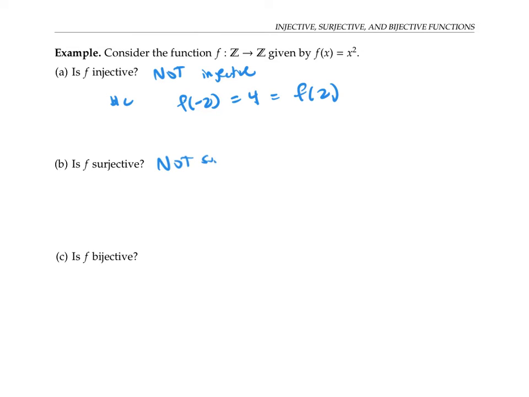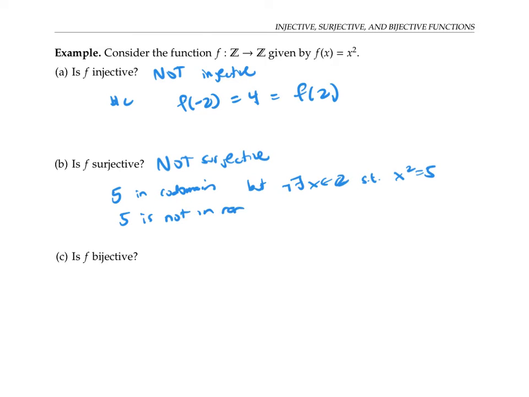It's not surjective because, for example, 5 is in the codomain, it's an integer, but there does not exist an x in Z such that x squared equals 5. There's no integer whose square is 5, and so 5 is not in the range of the function. Since f is not injective or surjective, it's definitely not bijective.